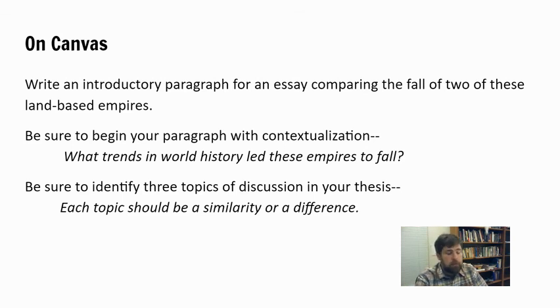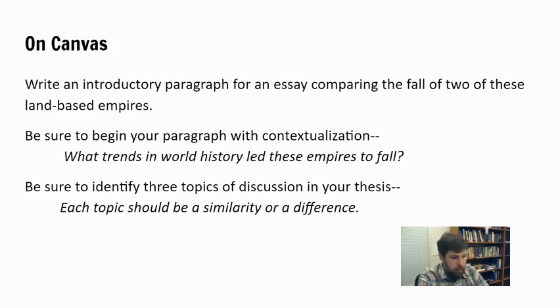You're going to write an introductory paragraph as though you were writing an essay comparing the fall of these two land-based empires, which means you need to have contextualization to start your paragraph. So what trends in world history contributed to the fall of these empires? What is something that we talked about in Unit 6 or in Unit 5 that helped to cause these empires to fall?